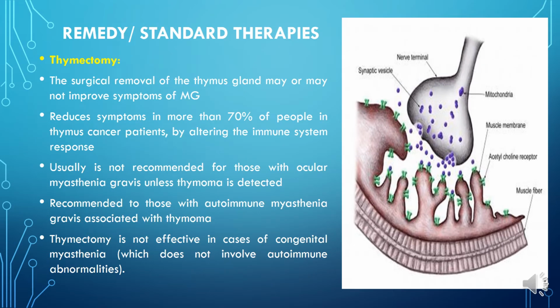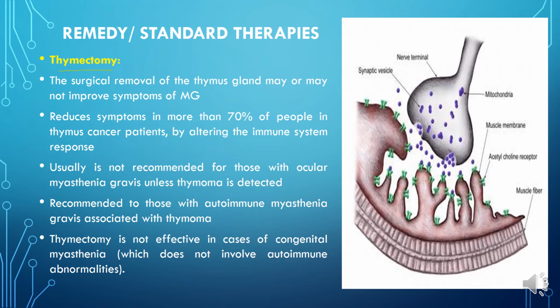Then another remedy is thymectomy. The removal of the thymus is thymectomy. Earlier we saw that either hyperplasia of the thymus or cancerous growth of the thymus misinforms the T cells, and they produce abnormal antibodies.